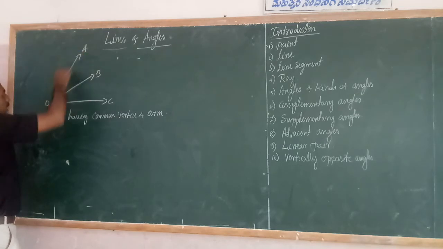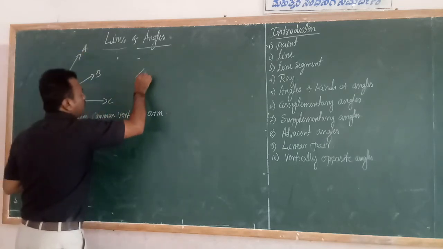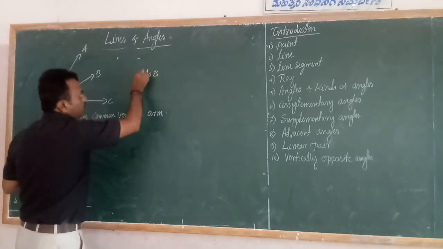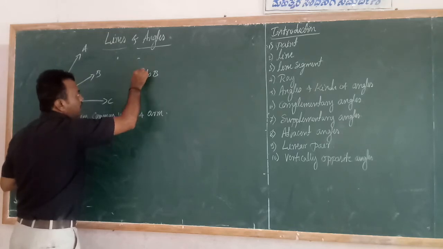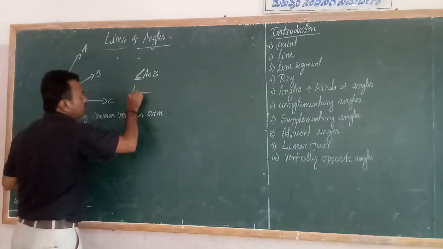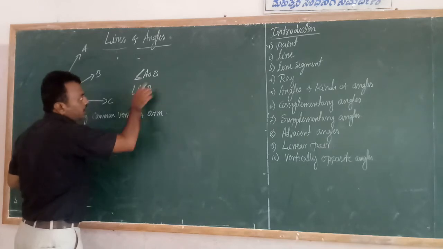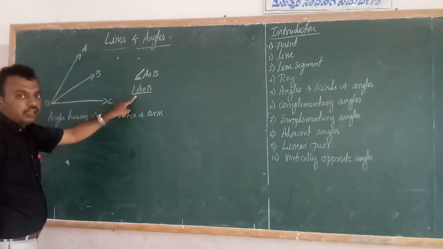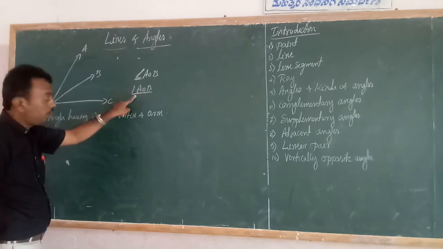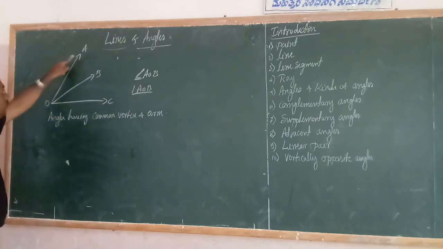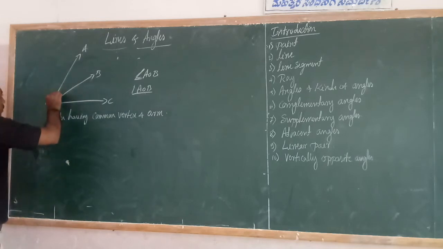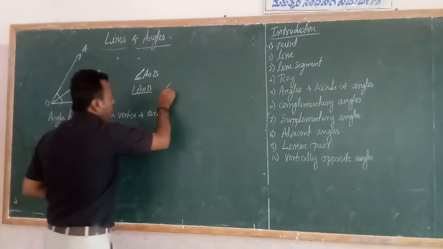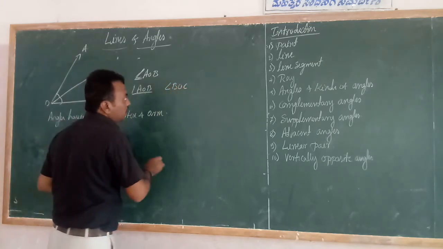In that, angle AOB is symbolically represented like this. Anytime we should represent that angle symbolically. See, AOB is one angle, and BOC is another angle.